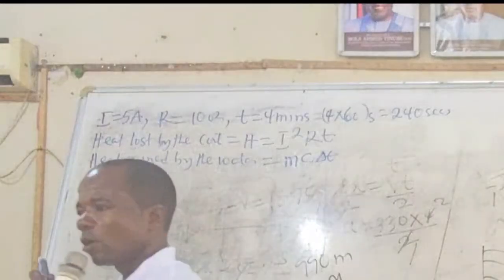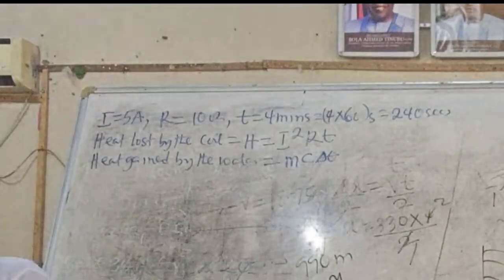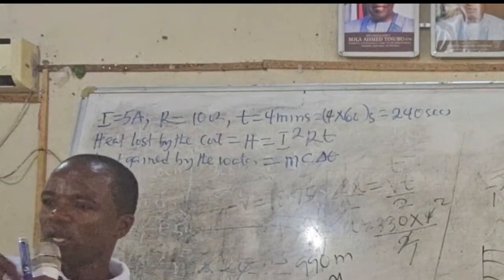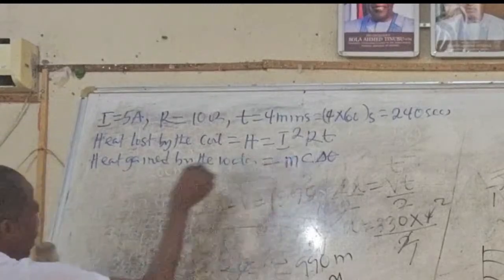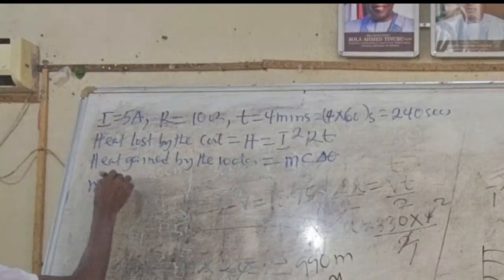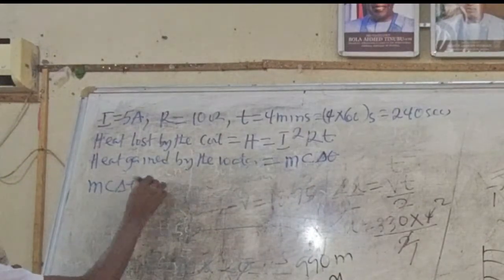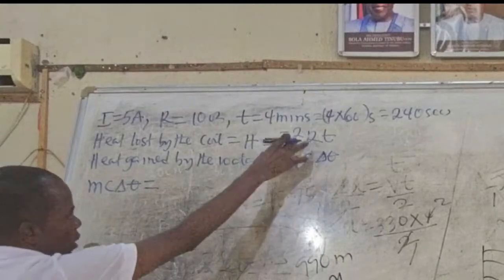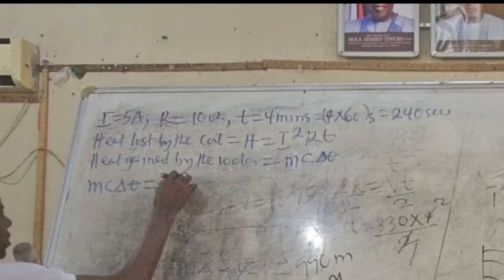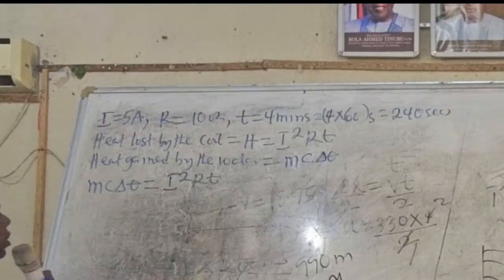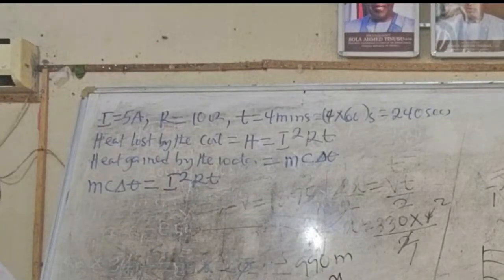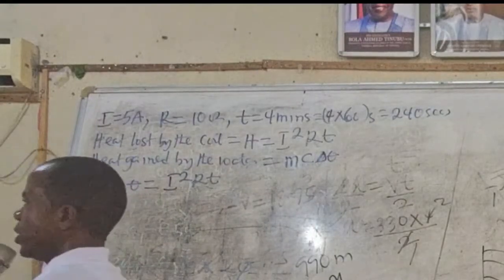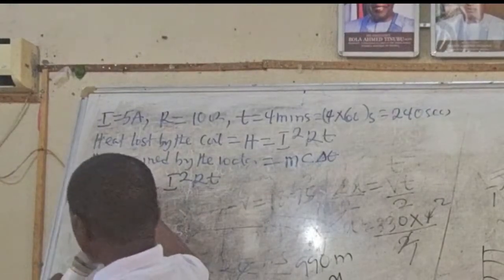According to the law, heat loss is always equal to heat gain. So we now have MC change in theta, that's the heat gained by the water, is equal to the heat loss, I squared RT. What do we need? They're asking us by what degree. So we are looking for our delta theta here.